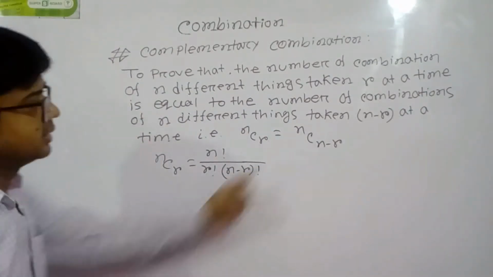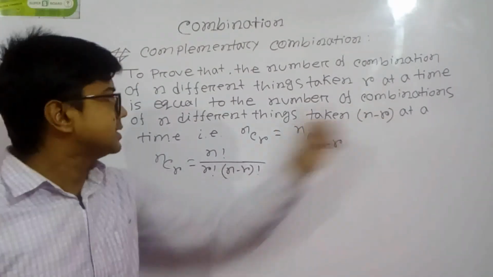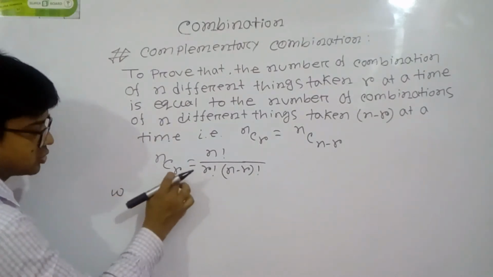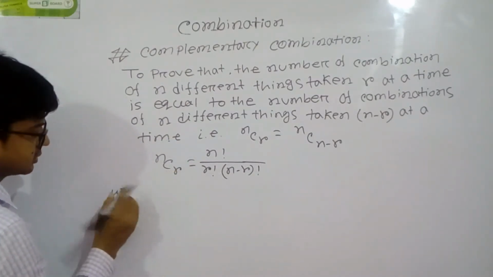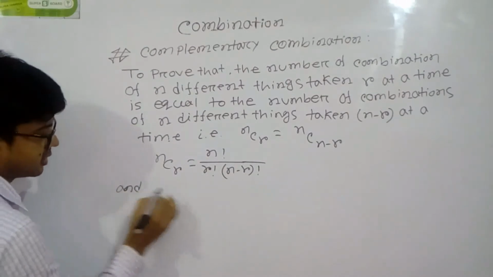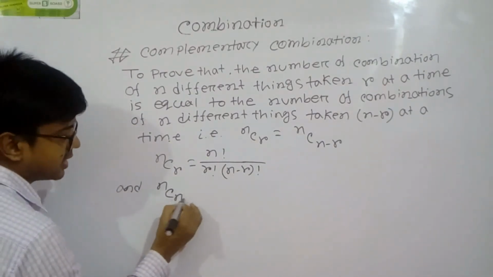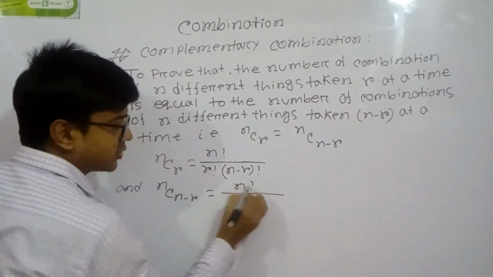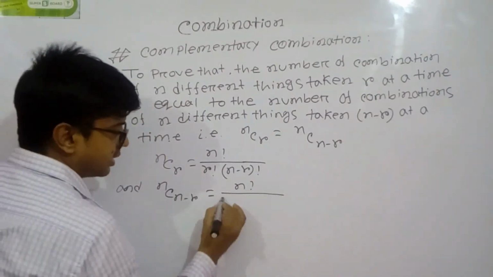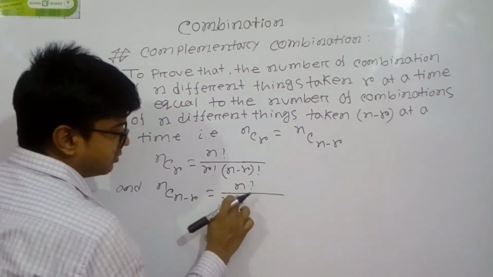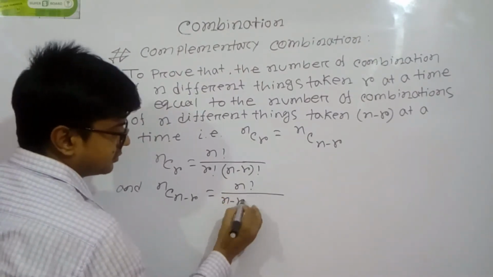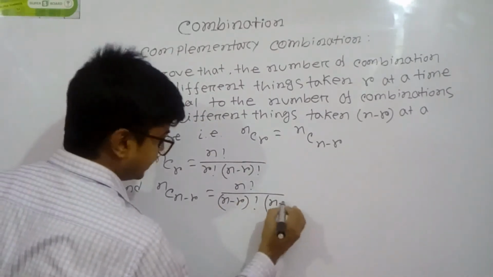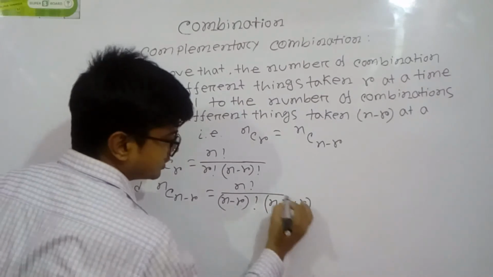and here taken n minus r at a time. So we can write r equals n minus r, nC(n minus r). So it will be factorial n by factorial n minus r and factorial n minus n plus r.